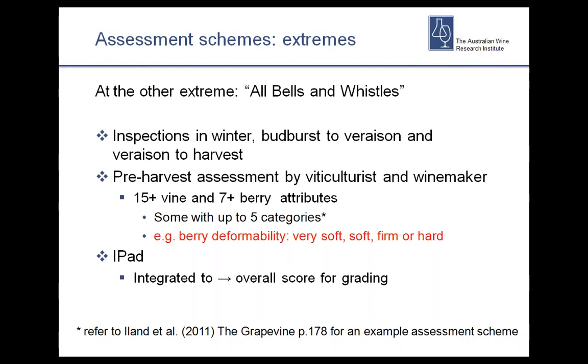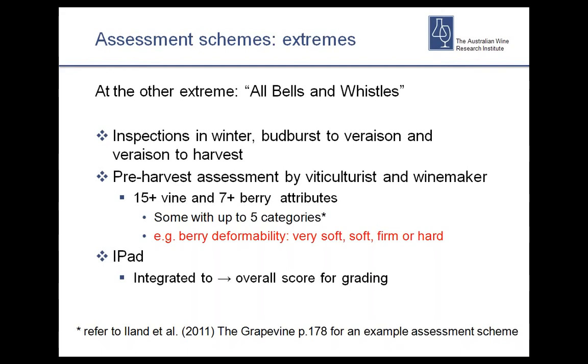And some of these will have up to 5 categories. For example, the berry deformability attribute may be classified as very soft, firm or hard. The data may be integrated to an iPad or something similar to end up with an overall score for grading.